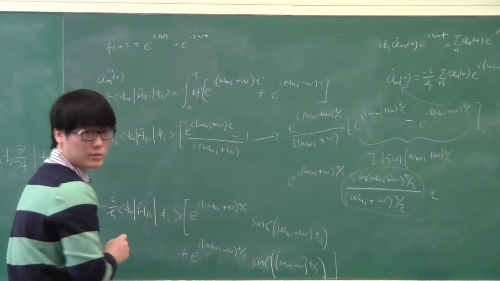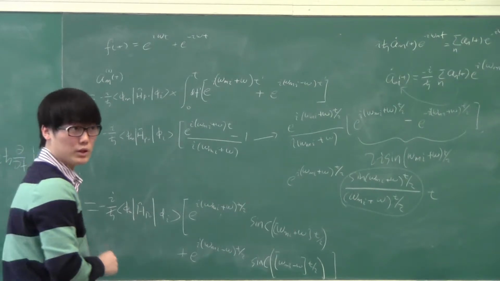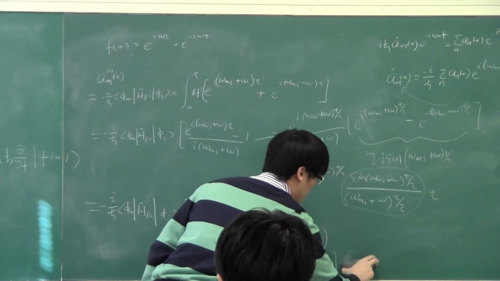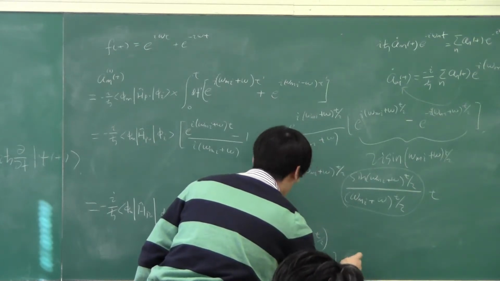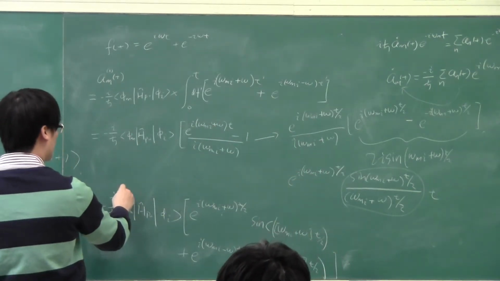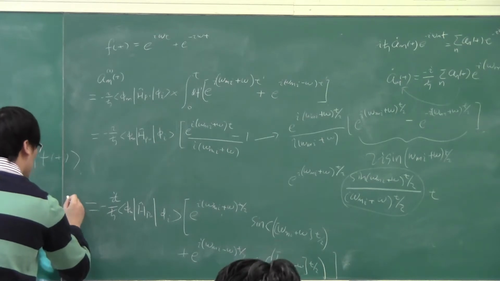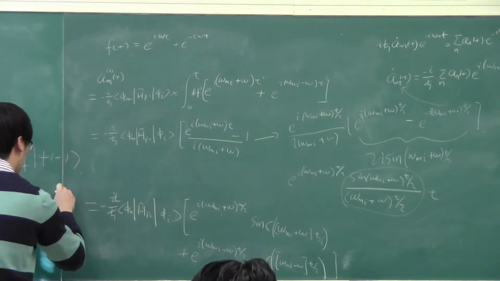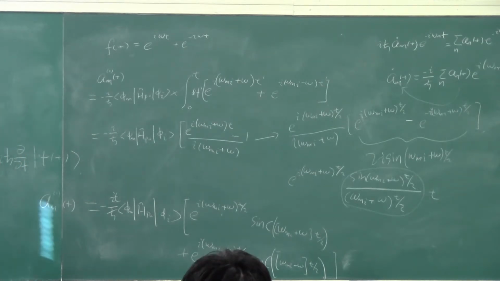And then the whole thing must be multiplied by t, because that's what we took out to get the sinc function. So why don't I emphasize this by writing it here? We get the result for a sinusoidal perturbation. So at first order we have two sinc functions.